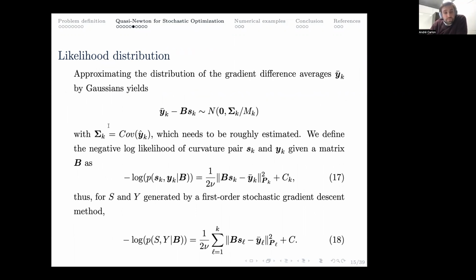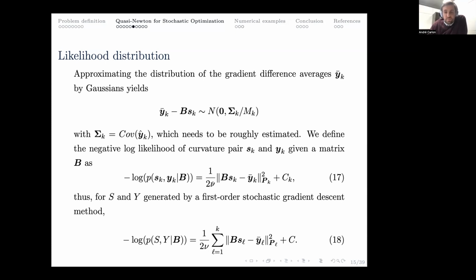So if we can compute this covariance matrix here, we can also use this information to build the likelihood of observing the pairs S and Y given some matrix P, using this norm with this matrix P, where P is some approximation of the inverse of the covariance matrix, an approximation of the precision matrix of Y bar.